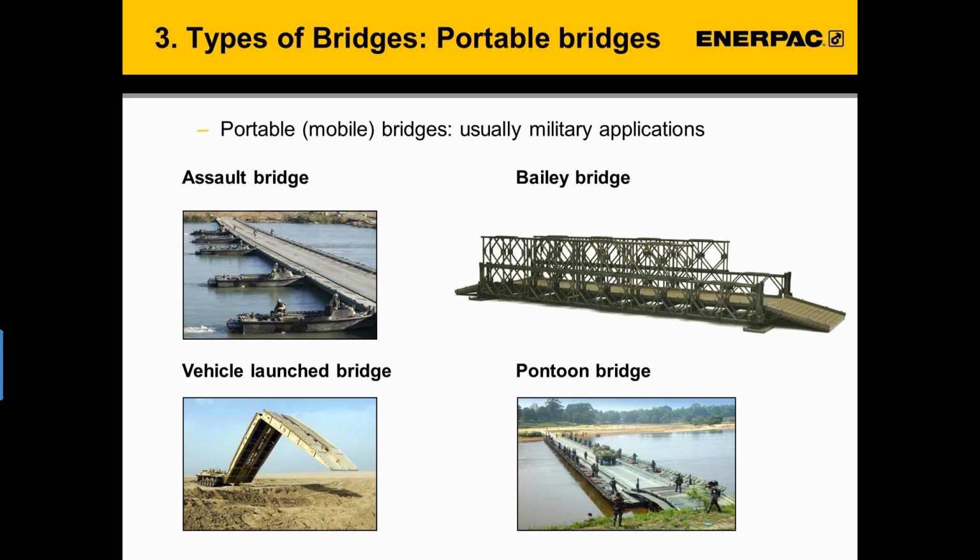The military often use portable bridges for obvious reasons and purposes. We can distinguish assault bridges, special vehicle-launched bridges, the Bailey Bridge, built up from small segments for which no machines or special tools are necessary, and various types of pontoon bridges.